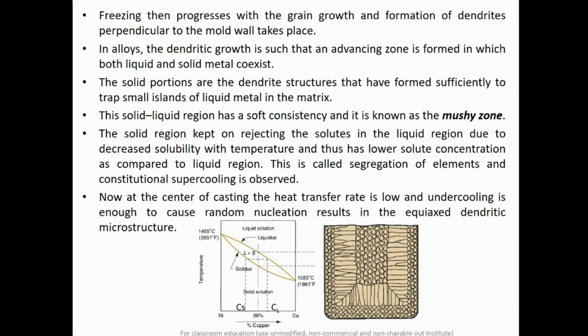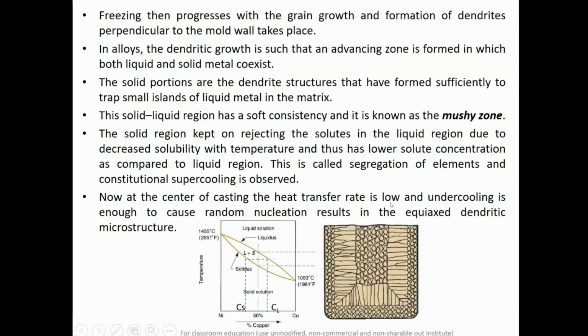Due to this, another type of cooling was observed that we have already discussed, known as constitutional supercooling. Basically, there is a gradient of composition from the solid phase to the liquid phase, and due to this, a large amount of solute is rejected into the liquid, forming the segregation.